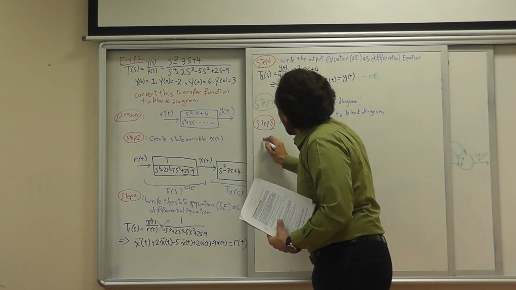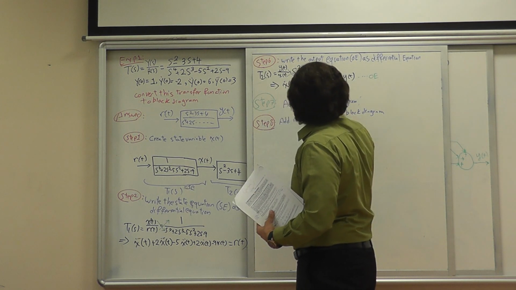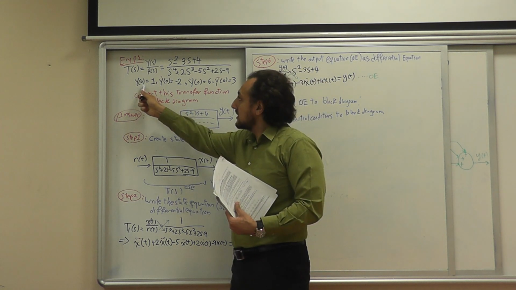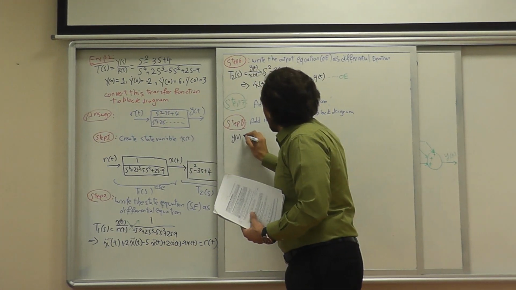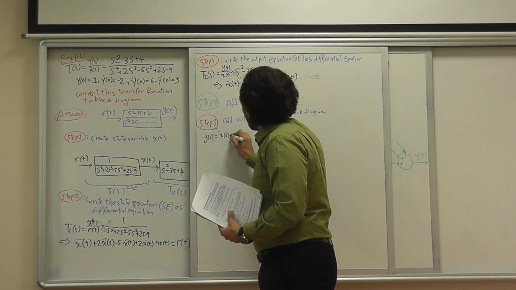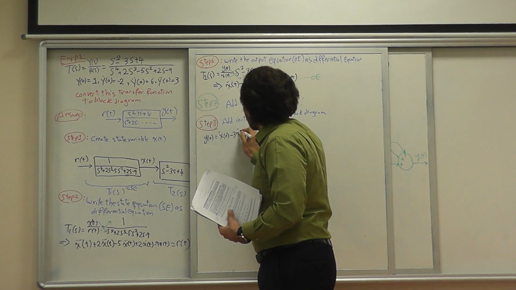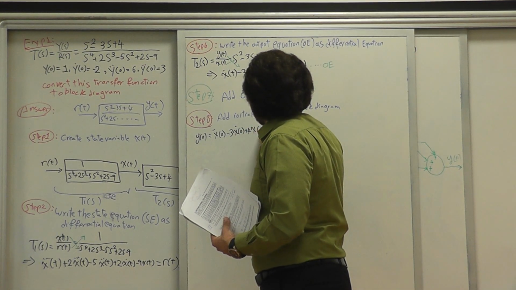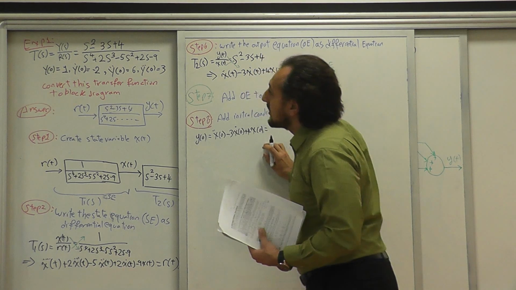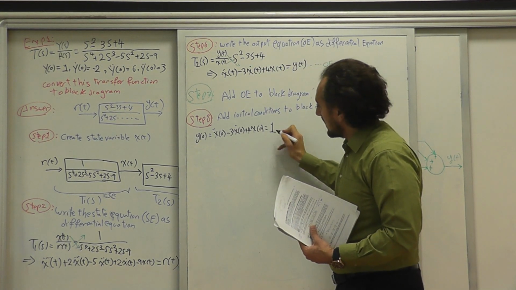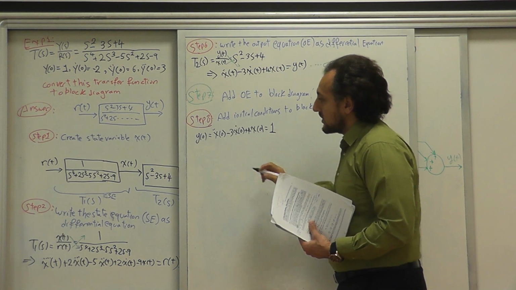So y0, which is here, y0 equal to x2 dot 0 minus 3 x dot 0 plus 4 x0 equal to what? Equal to 1. Okay, this is the first equation.